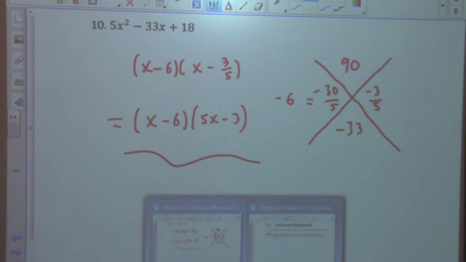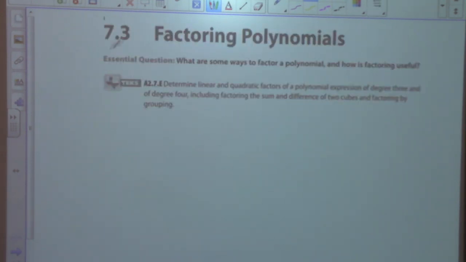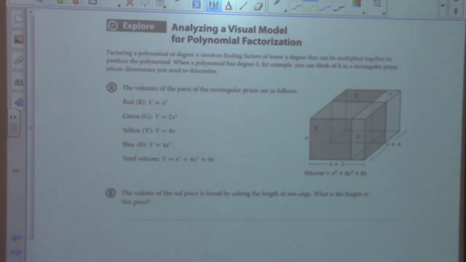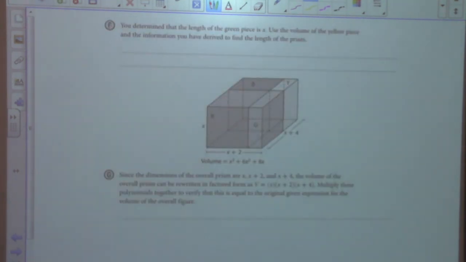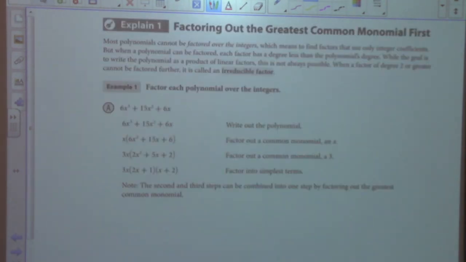Okay. What we have is an introduction to 7.3 factoring polynomials. And it starts talking about types of factoring. Here's example one, factoring out the greatest common monomial first. They give this example of 6x cubed plus 15x squared plus 6x.